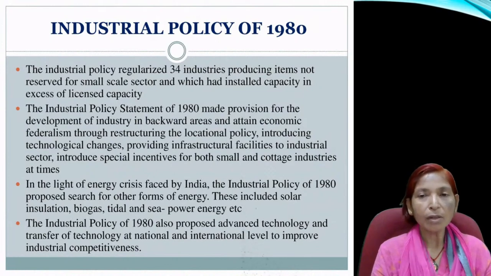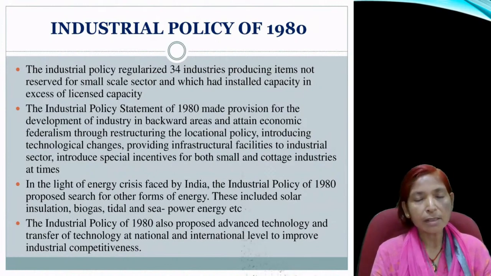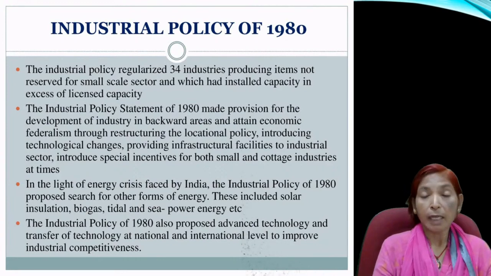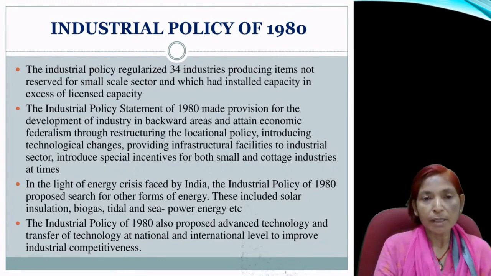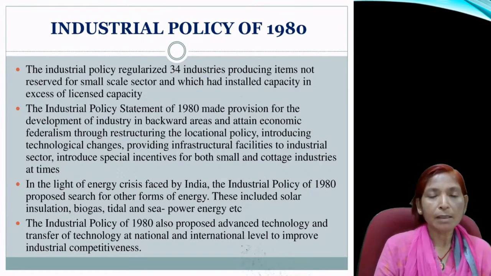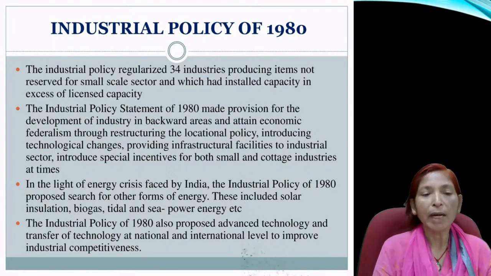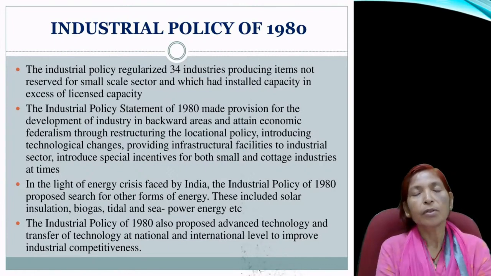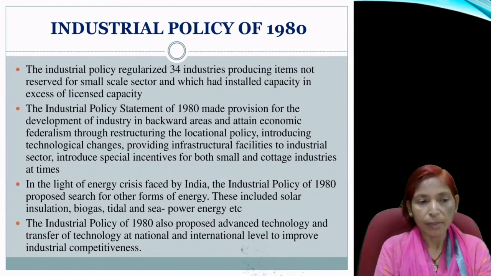It also focuses on small scale and cottage industries to achieve the target of regionally balanced development, and this can be possible if we launch industries in all the sectors of the economy, either developed sectors or underdeveloped sectors or backward regions, and provide more incentives to small scale and cottage industries.